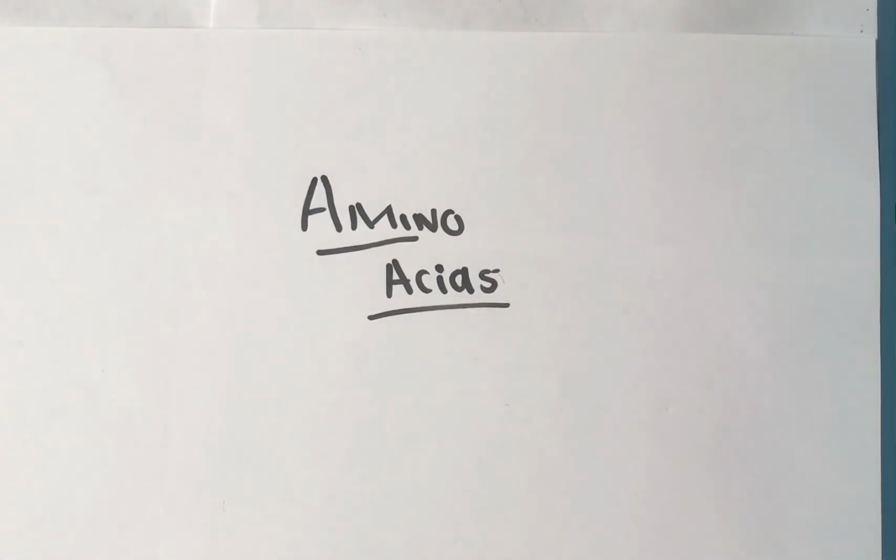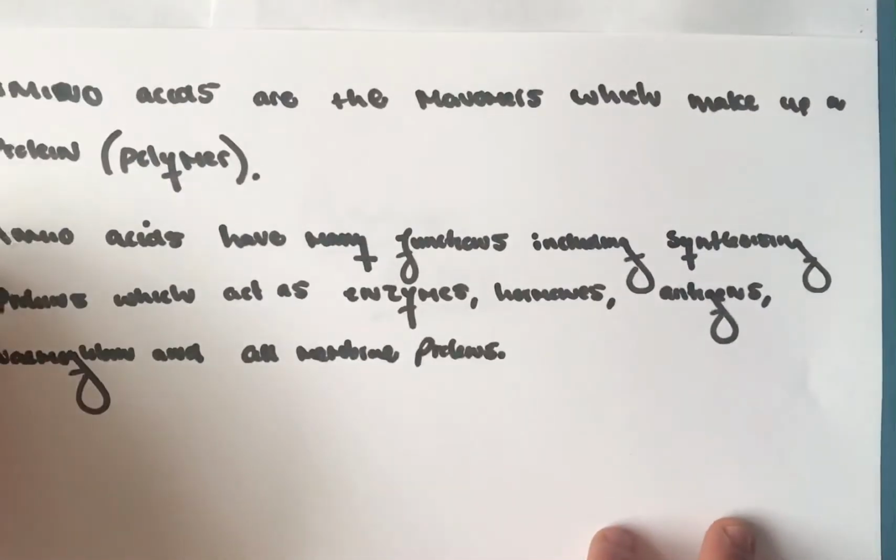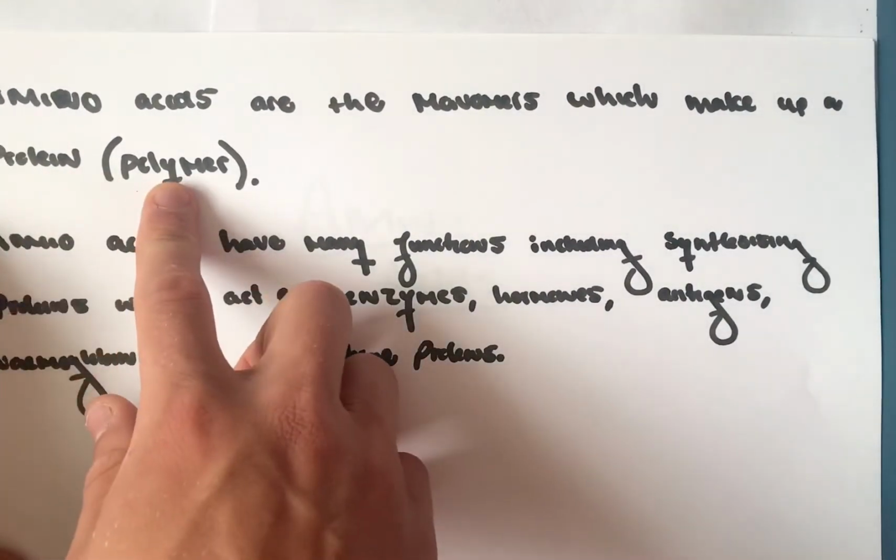Today we're going to be talking about amino acids. Now amino acids are possibly one of the most important molecules we have in our body because they are the monomers that make up protein molecules. Now let's get started. As I've just said, amino acids are the monomers which make up a polymer or a protein.